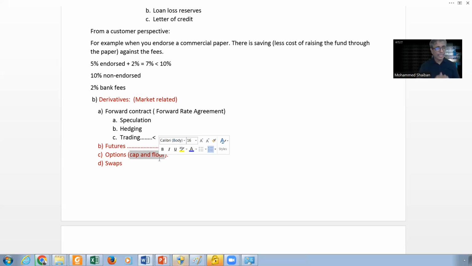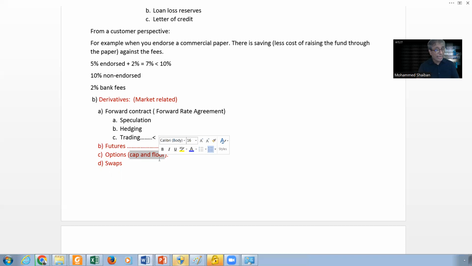Now you have to understand what the cap means. If you are a borrower, then you need to have an option with a cap, which means you can pay up to 6%. If the interest rate goes over 6% or 7% or 8%, then somebody will pay you over that cap, which is the 6%.